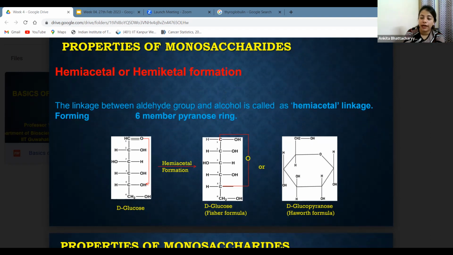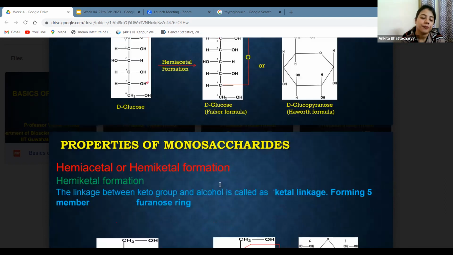One is the Fischer format, the elongated or straight linearized representation of the molecule, whereas the Haworth projection shows the cyclized version of the same molecule. So here we can acknowledge that yes, that is hemiacetal formation via the linkage between these two.